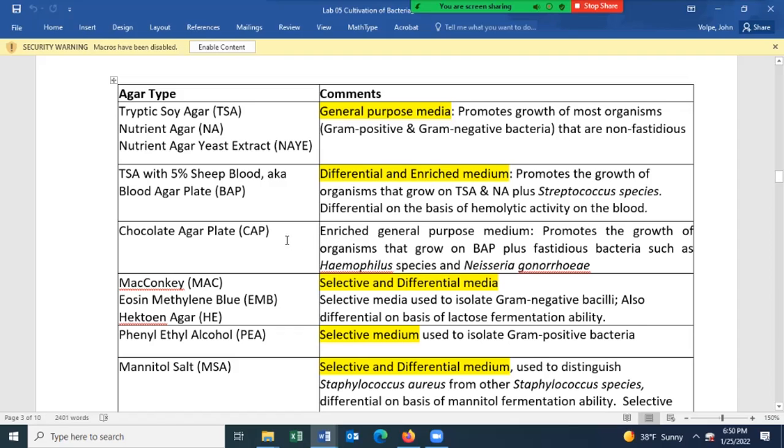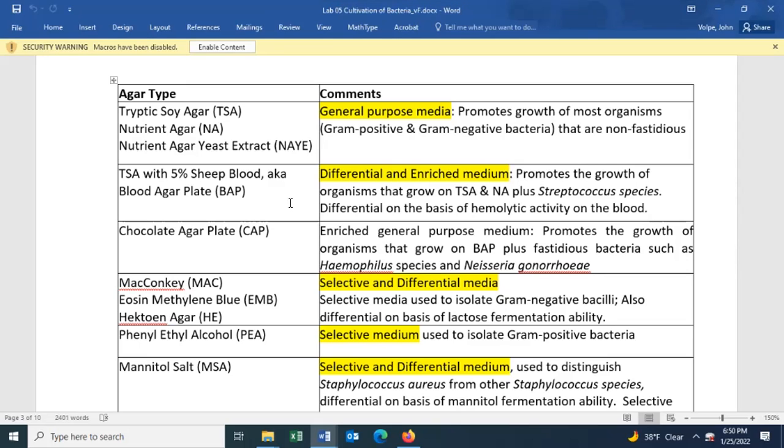The difference between chocolate agar and blood agar is we add the blood cells to the chocolate agar when the agar just came out of the autoclave. So the agar is quite hot, and that causes the red blood cells to lyse, which gives the media a brown appearance. And that's why it's called chocolate agar, because chocolate is brown. For blood agar, we take the media out of the autoclave and then let it cool to something like 50 to 55 degrees.